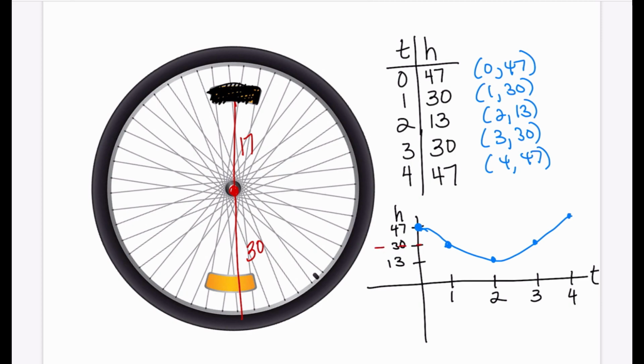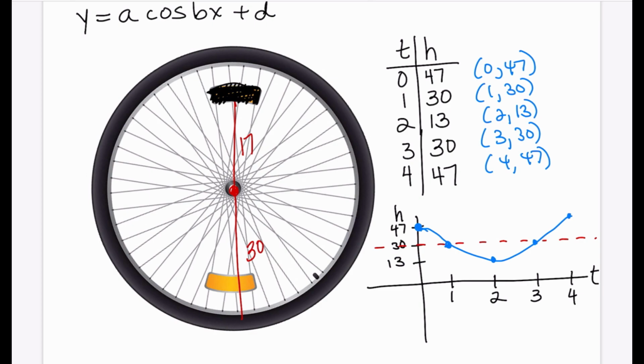Also notice that our principal axis right here, the line that's going to cut this in half, is occurring at 30. What that tells me is that in our equation, y equals a cosine of bx plus d, I already know that d has to be 30 because that's where the principal axis is going to be.